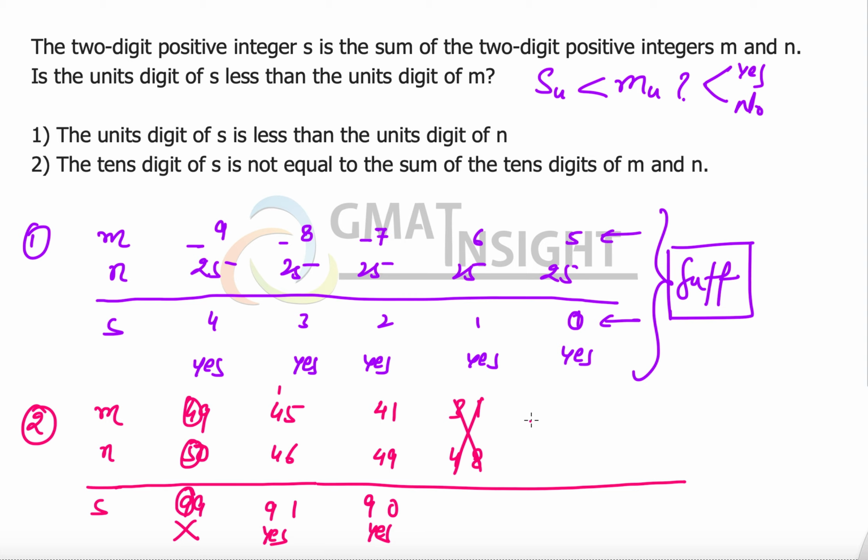So in that case, the unit digit of s is going to be even smaller than that. Let us take some other example. Let's say 44, and we are taking here, for instance, 47. See what happens. Again, the unit digit has come 1 and the number is 91. So there are several changes you can make, but always and always you are consistently getting the answer yes.